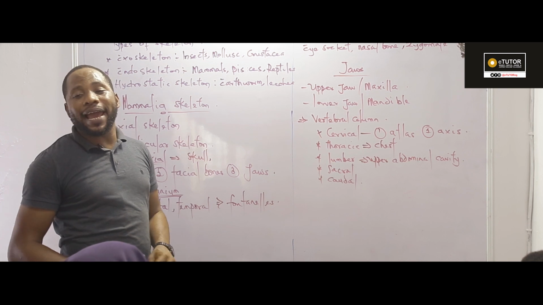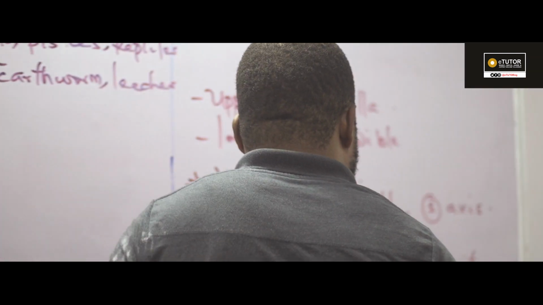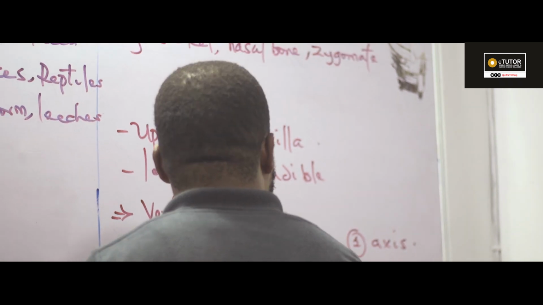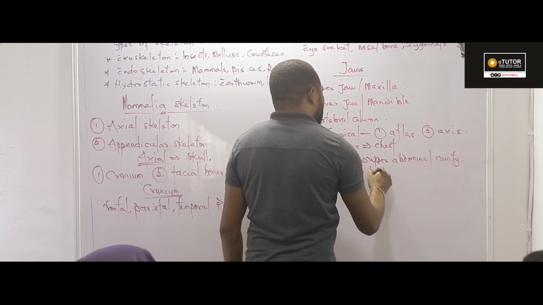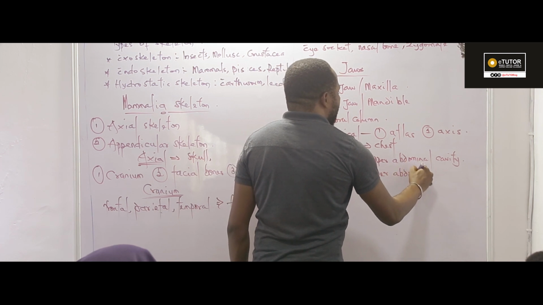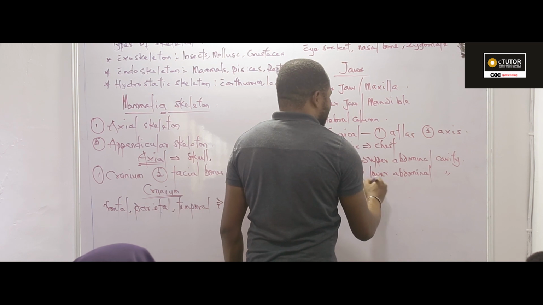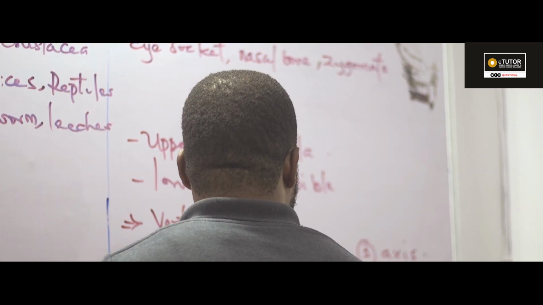This helps to bear the weight of the body. The sacral bone is the bone of lower abdominal cavity, and the cauda is the tailbone.